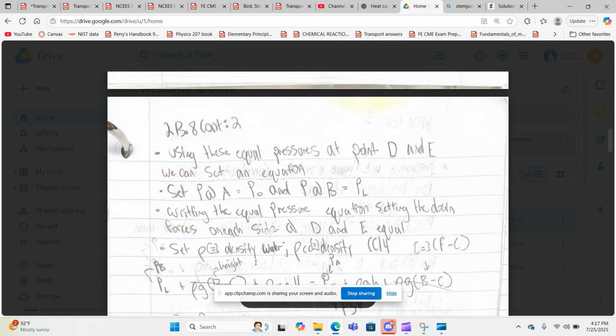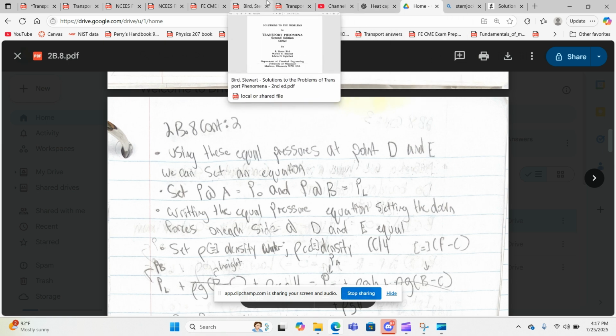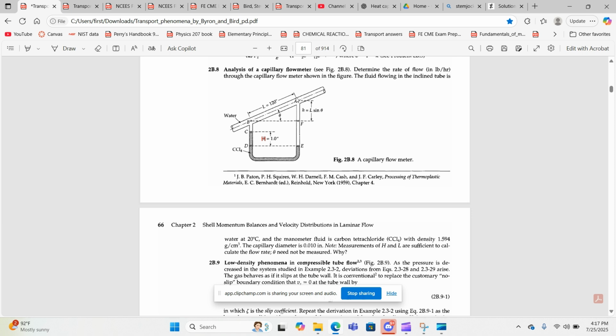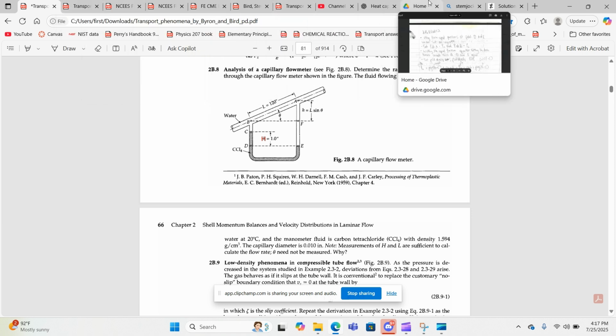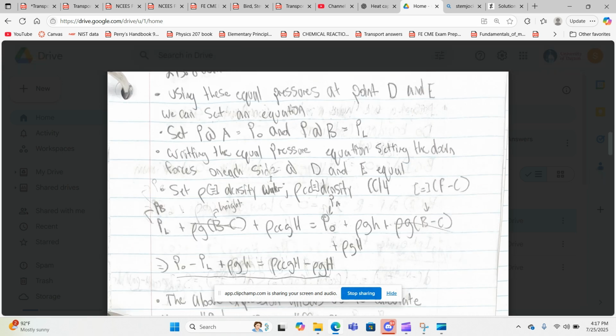Using the equal pressures at points D and E, we could set the equation. Pressure at A equals P0. So I'm just saying this is Z equals 0 and this is Z equals L. With that, writing the equal pressure equation.